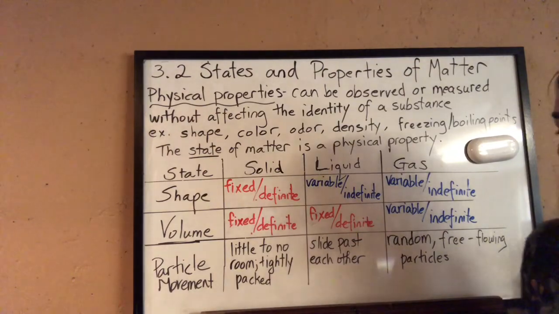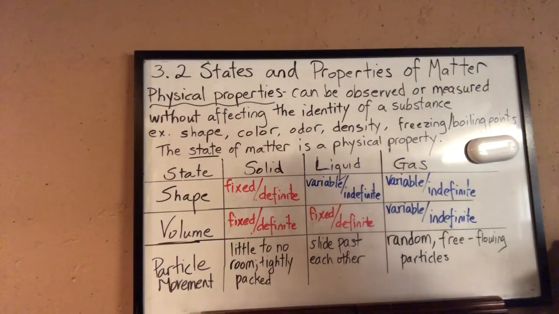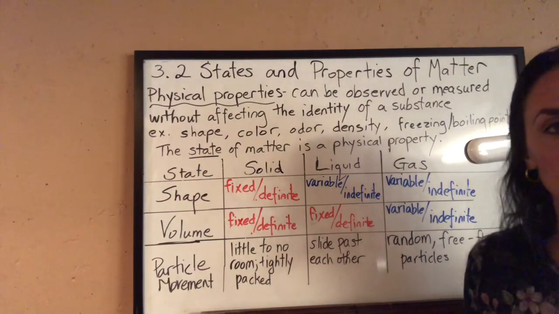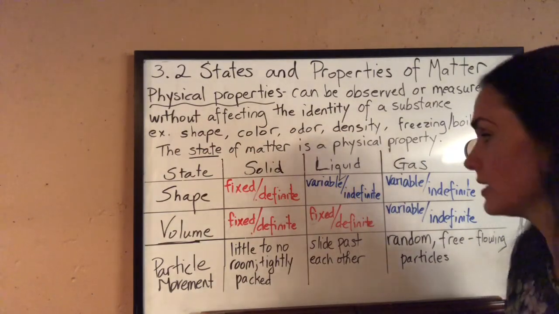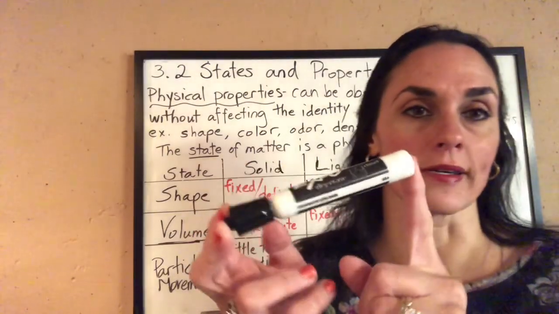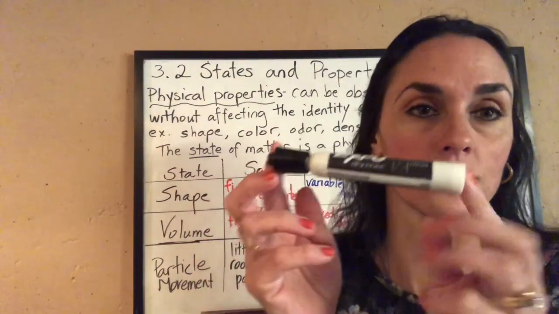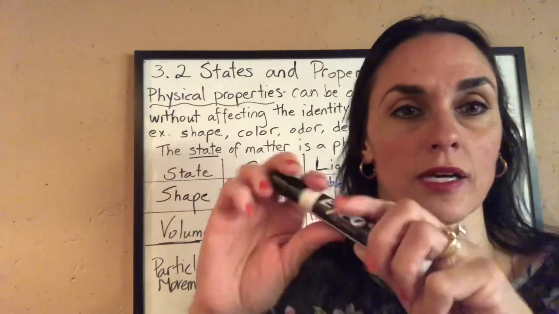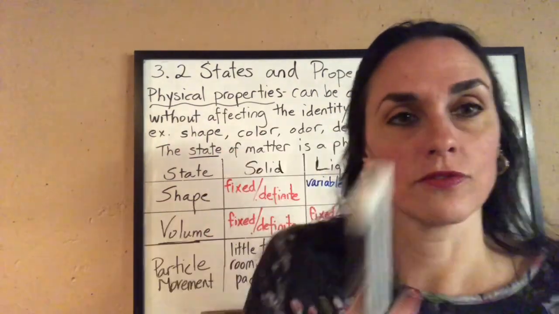Let's look at the states of matter in a little bit more detail. Solids have a fixed or definite shape. This shape does not change, it stays consistent. If you look at this plastic marker, it has a fixed or definite shape. It's not bendable or flowing.